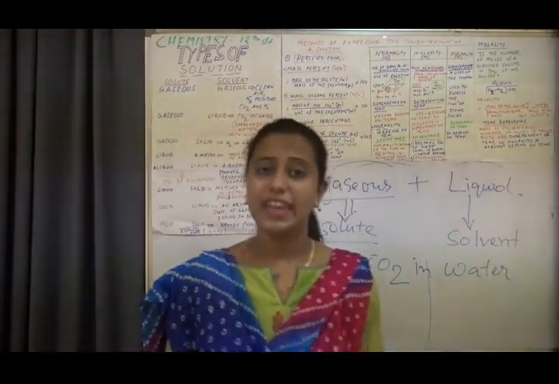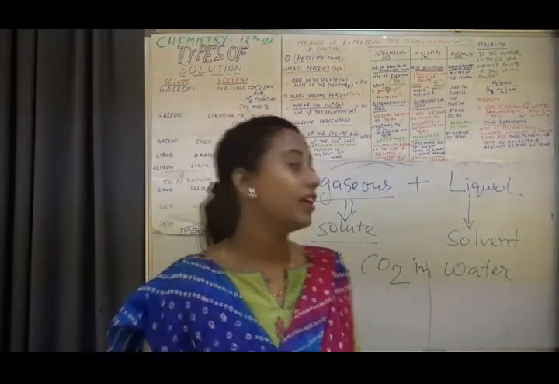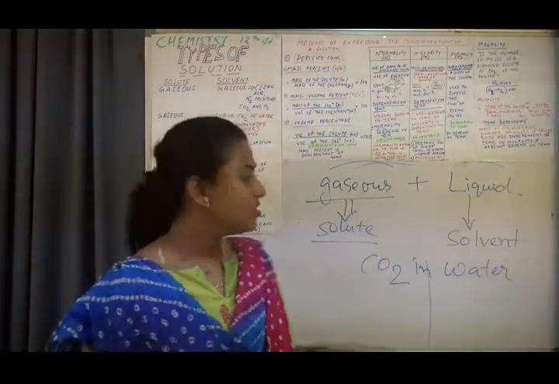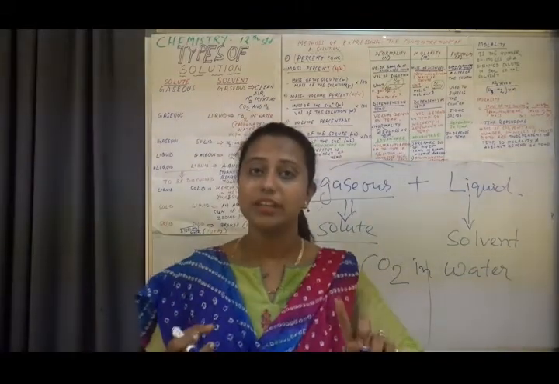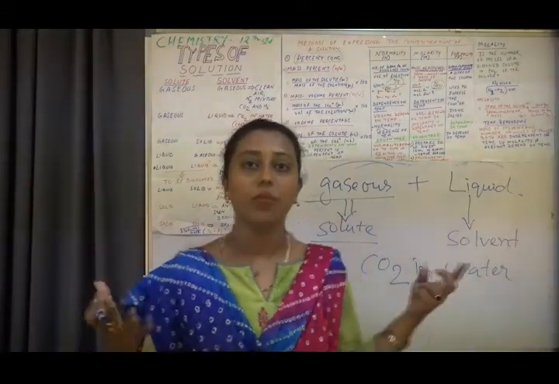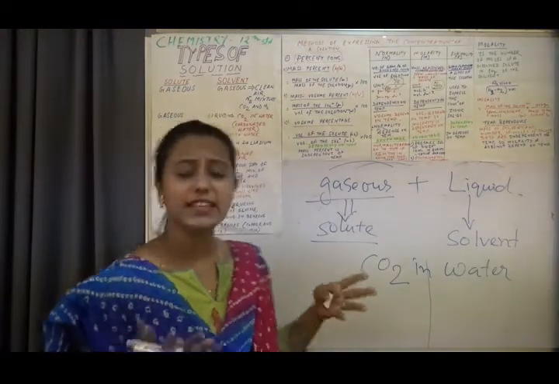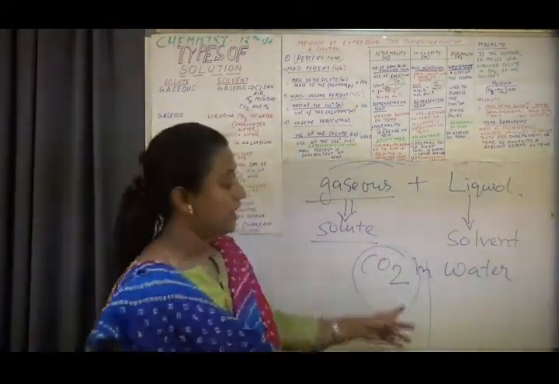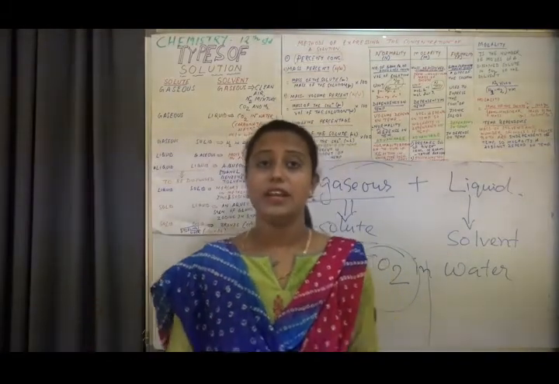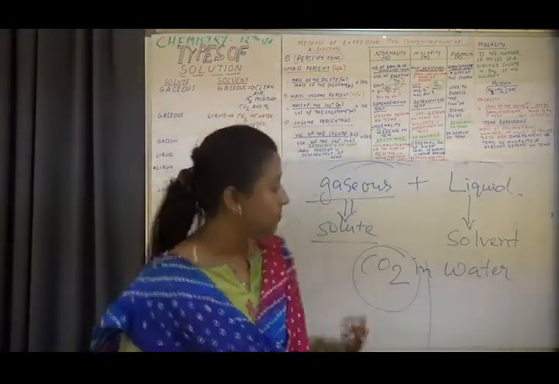All of us take aerated drinks, cool drinks, Coca-Cola. Have you noticed that when the cork of the bottle is opened, some gases are evolved? Why are these gases evolved? These gases are nothing but carbon dioxide. This carbon dioxide is dissolved in water under high pressure and low temperature.